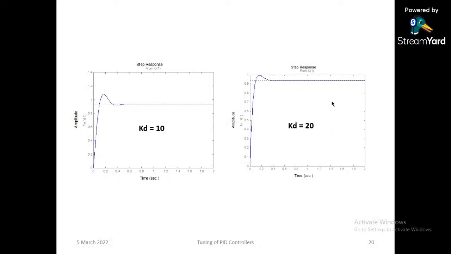Look at the difference between these two: which one has more overshoot, for 10 or 20? Look at the oscillations. For Kd equal to 10 nearly 1.25 oscillations are coming, and for 20 only one oscillation comes. It is improving the transient response but adversely affecting the steady state error, because you can see this point and this point, the error increases.